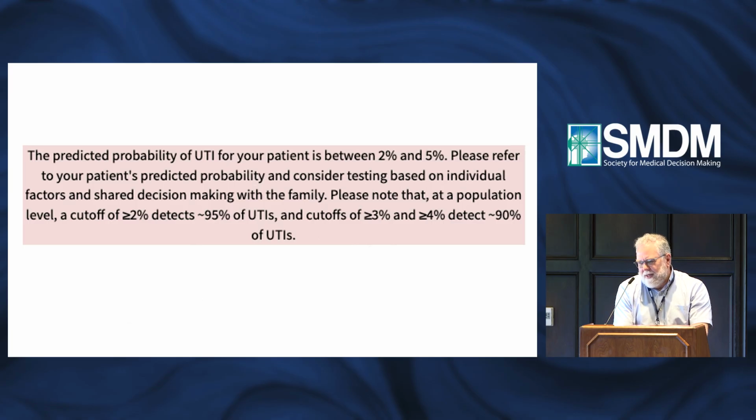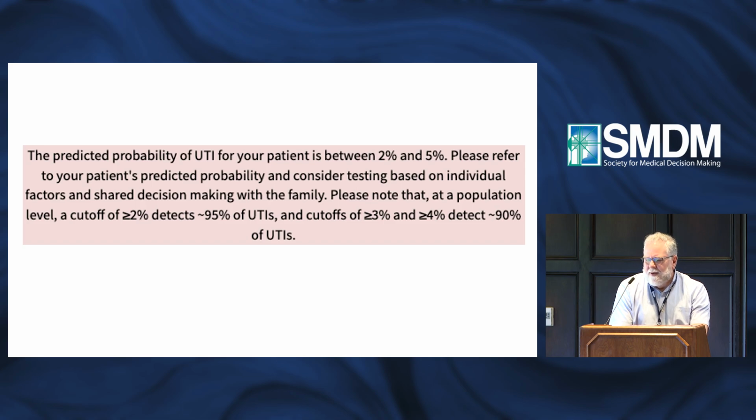And they've also, I thought this is interesting, in the prior iteration, I used to ignore this because I'm a grumpy old man who doesn't want to be told what to do. Now it used to say if the predicted probability was 2%, you should obtain urine.